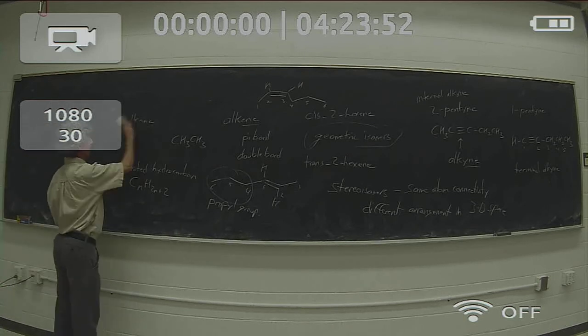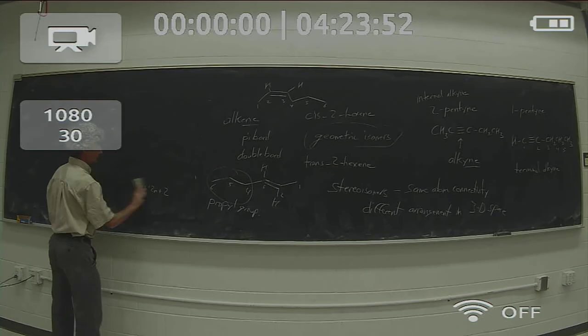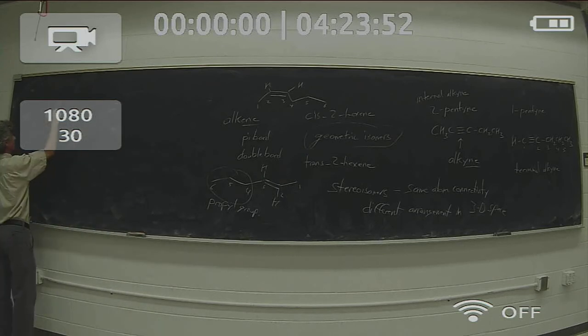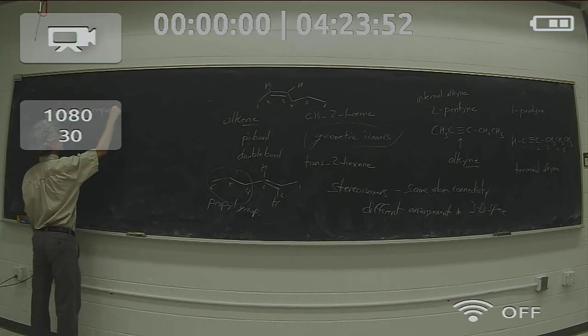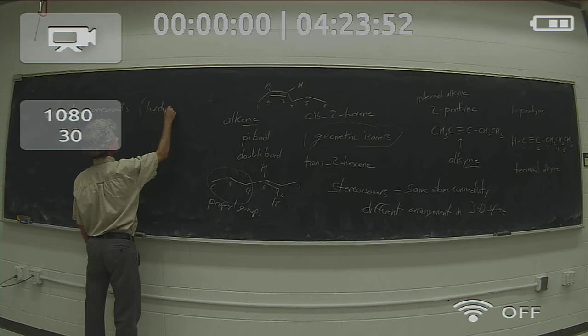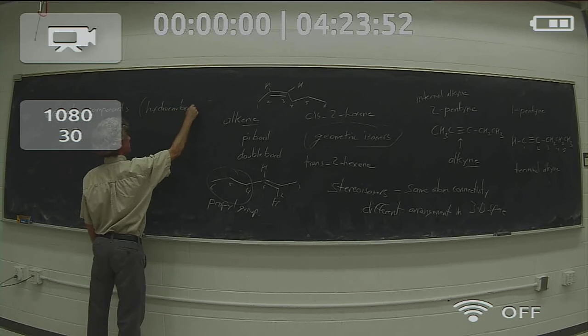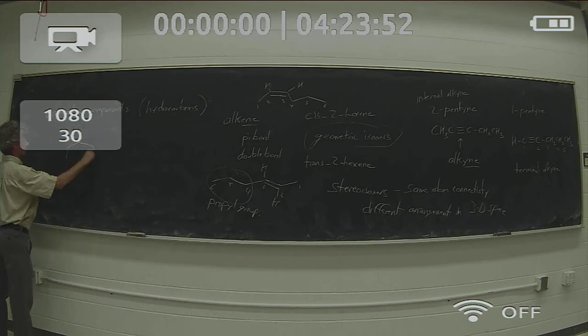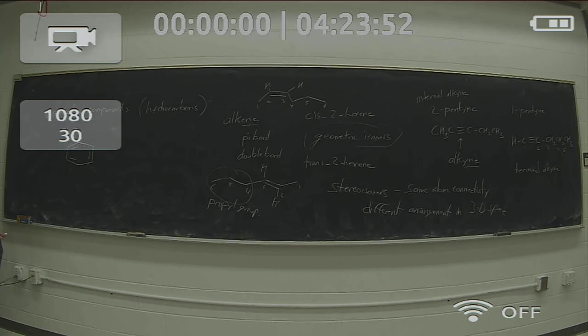Another important class of hydrocarbons are aromatic molecules, or aromatic compounds. Also hydrocarbons. But aromatic hydrocarbons have a 6-membered ring with alternating single and double bonds for a benzene group.